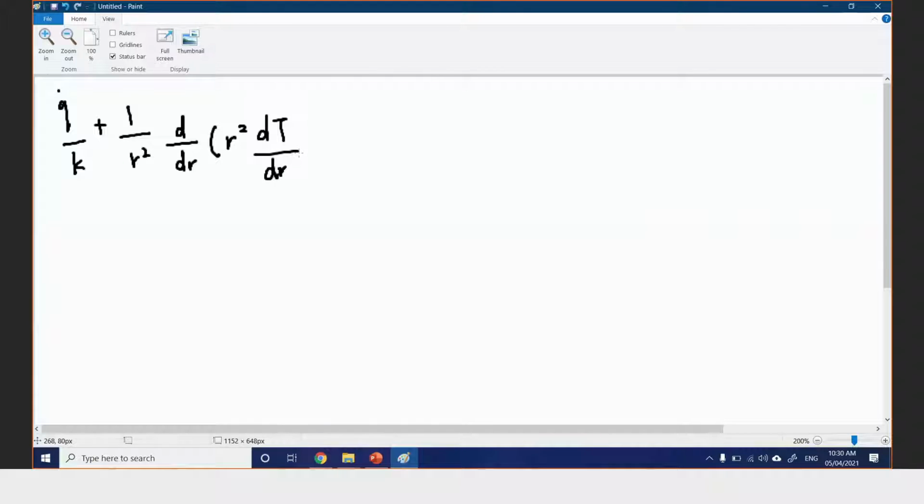Plus 1 over r squared sine squared theta d squared T over d phi squared, because we had other terms outside the equation, so we just multiply them together, plus 1 over r squared sine theta.